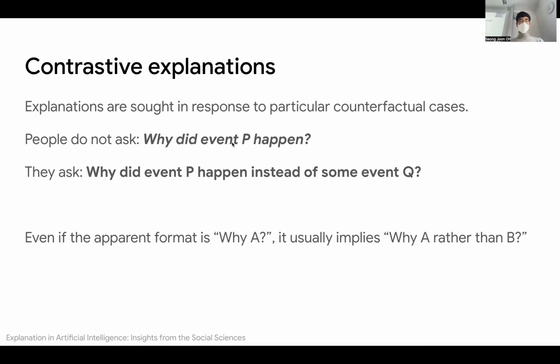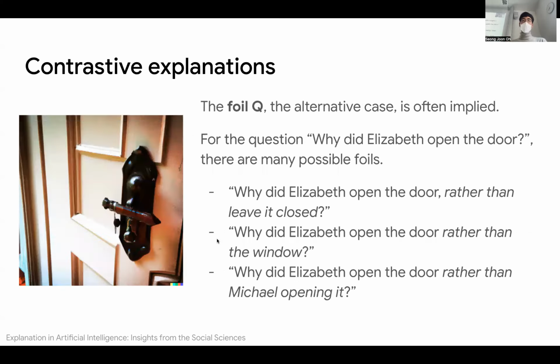But in many cases, those questions imply a second part, which is instead of some other event Q. So even if the apparent format of your question is why A, it usually implies why A rather than B. This other alternative possibility, which did not happen, is called foil Q, and this is often implied.